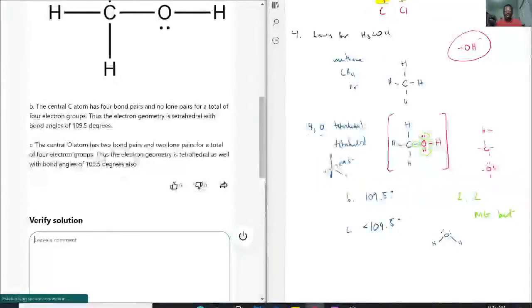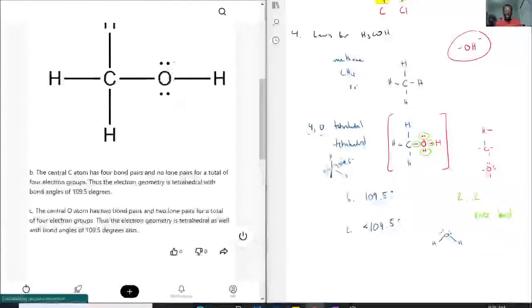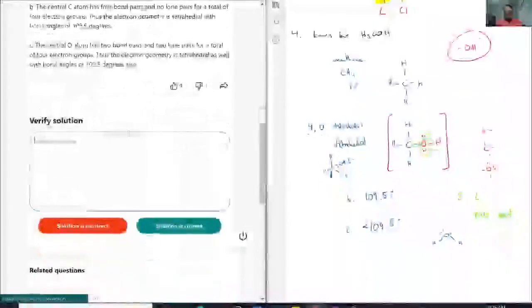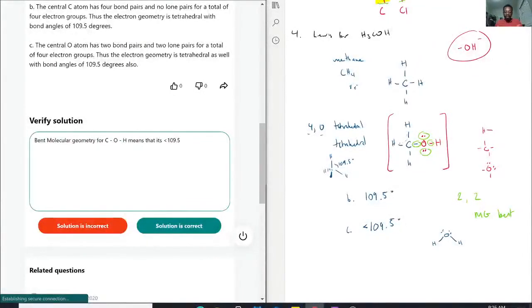Although the electron geometry is tetrahedral, the molecular geometry, as you can see here, from the 2 lone pairs and the 2 bonds, is going to be bent. So bent molecular geometry for COH means that it's less than 109.5, not 109.5 exact.